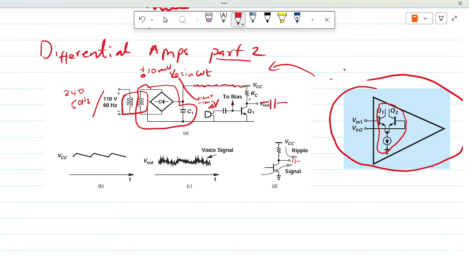Now we know from the basic common emitter stage that the output looks like this: VCC minus IC times RC, where IC is the bias current, but changes as a result of the microphone or signal voltage would also give out some small changes in current.